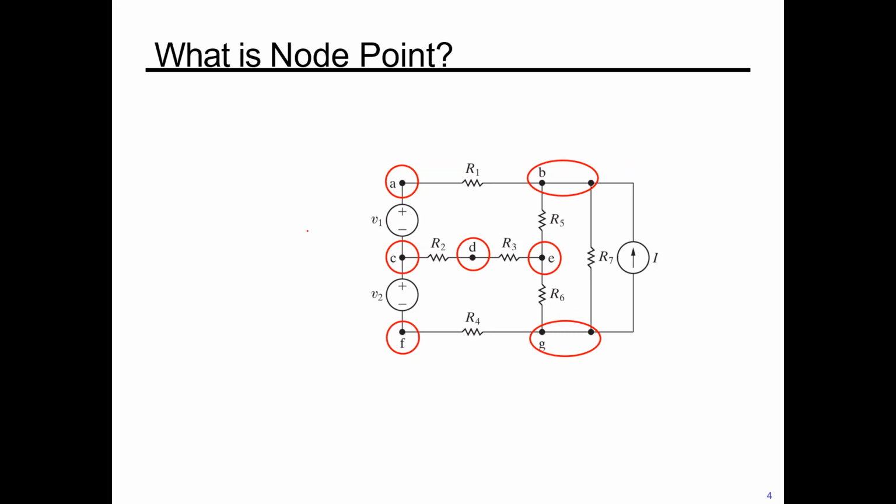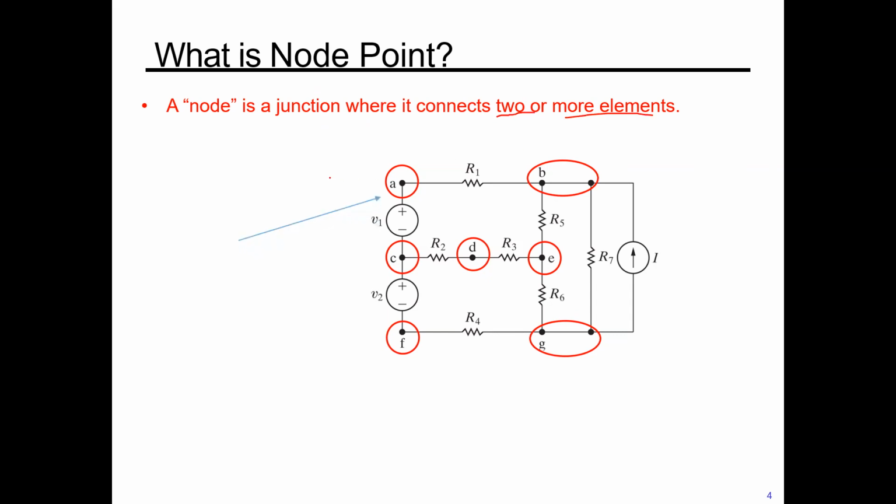Before we do the nodal analysis technique, we must understand the basic definitions. So what is a node or node point? A node is a junction or a connection point where two or more elements connect. For example, node A connects the terminal between the voltage supply and resistance R1.